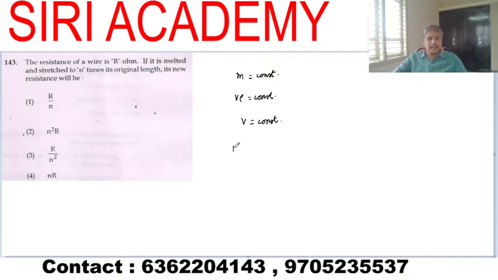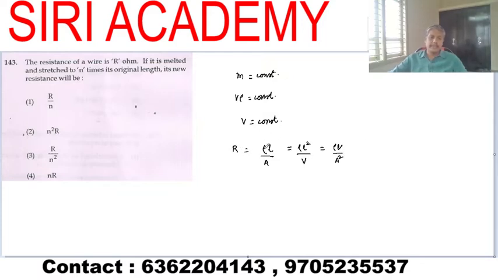So the resistance of the wire is given by R equal to rho L by A. Multiplying by length, rho L square by volume, because area into length is equal to volume, and multiplying by area, it is rho V by A square.